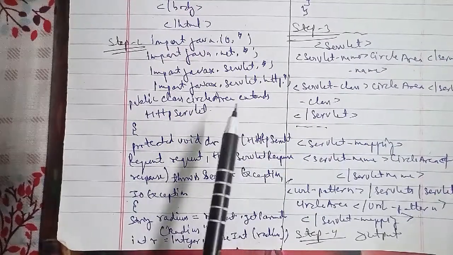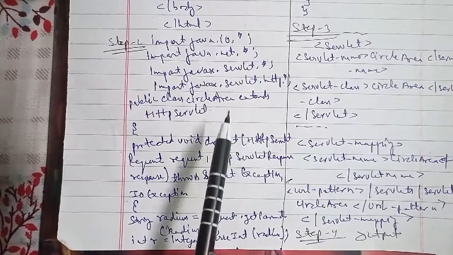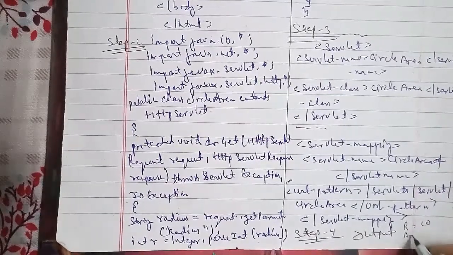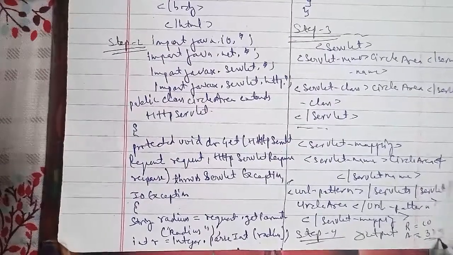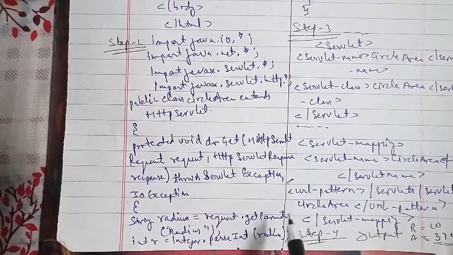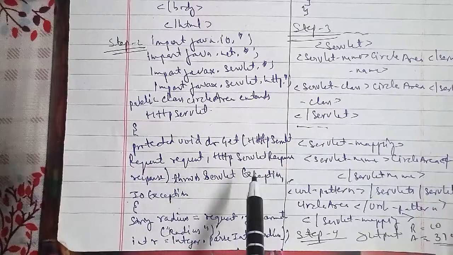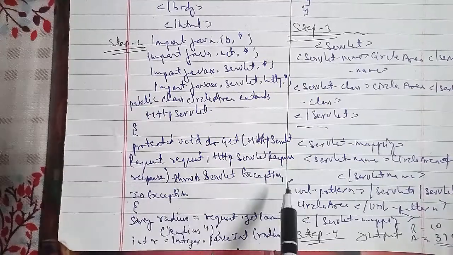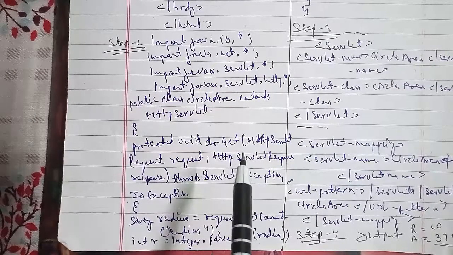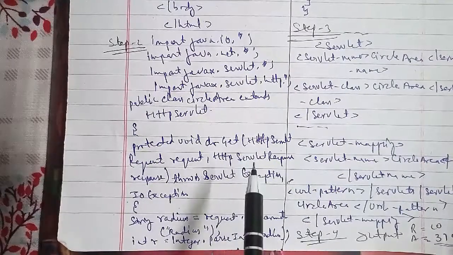So here your question is: write a servlet which accepts two numbers using post method and display the maximum.